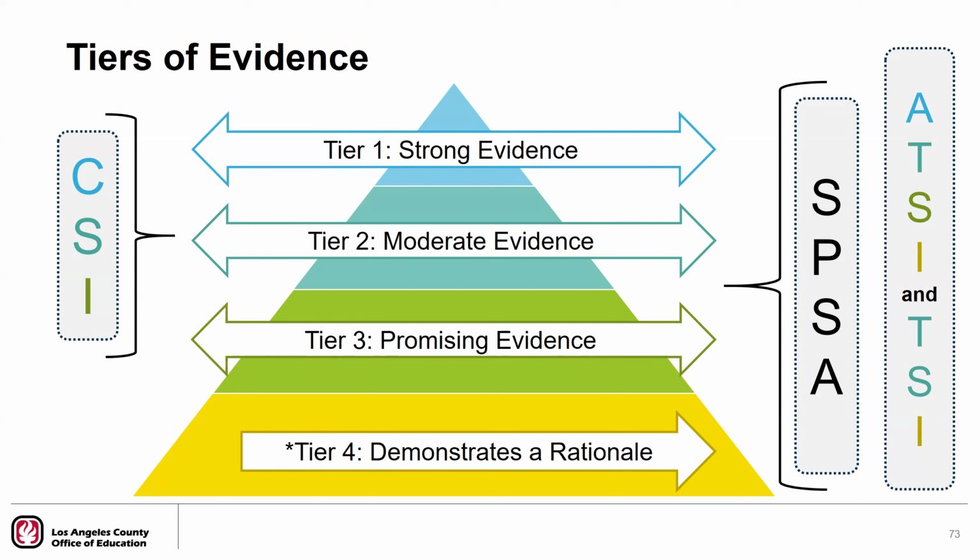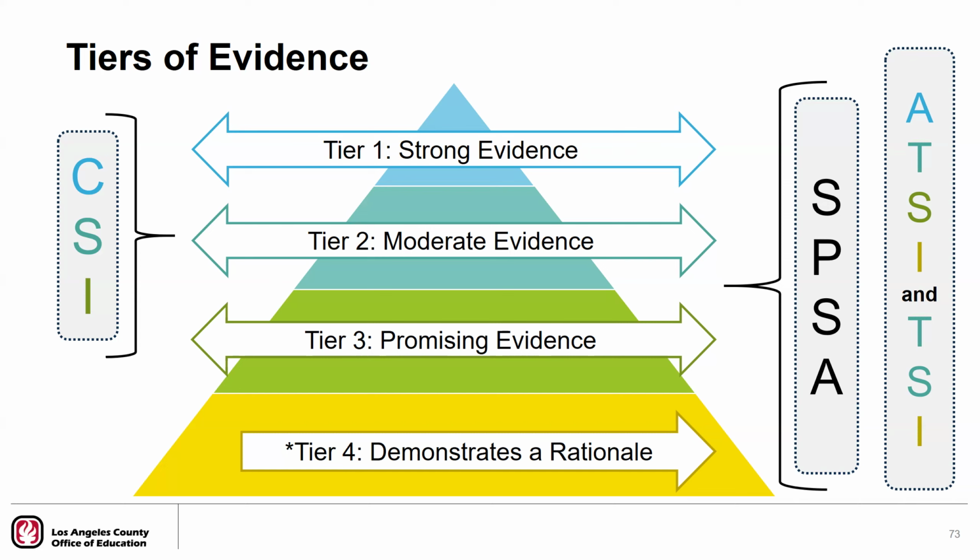Tier 2, moderate evidence. Tier 3, promising evidence. And Tier 4 demonstrates a rationale. The ESSA tiers of evidence provide districts and schools with a framework for determining which programs, practices, strategies, and interventions work, in which context, and for which students.